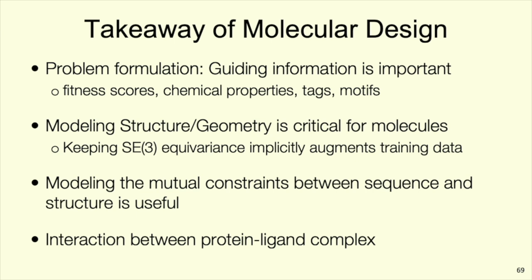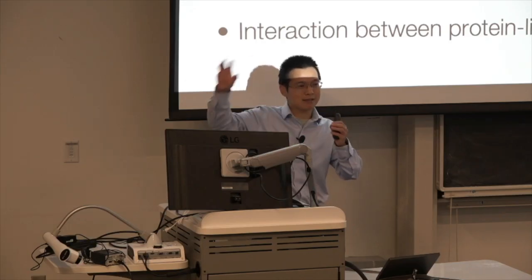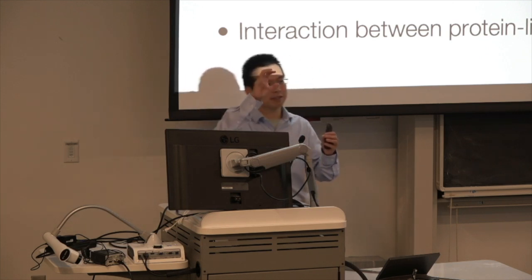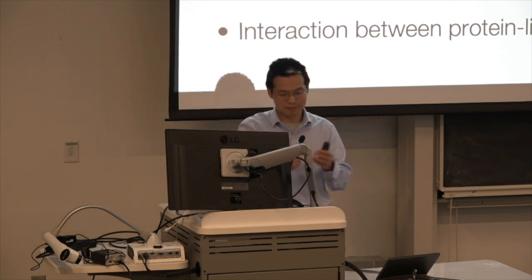And modeling the structure and geometry is critical for molecules. Keeping this equivariance explicit is essentially augmenting our training data, so we can use much less data to train our model. It's also important to model the mutual constraints between the sequence and the structure so that we can design a structure consistent with our sequence.